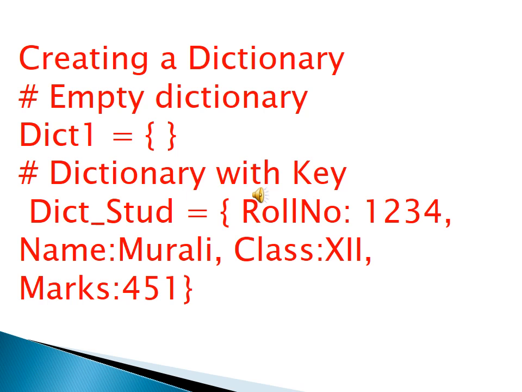The key is roll number and the value is 1. The next one is the key name, and Murali refers to the value. Next one, class is a key with value 12th. Then marks is 451. So the key and its value should be split using the colon.